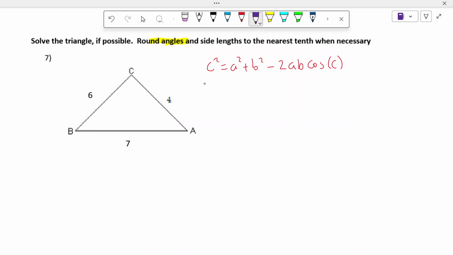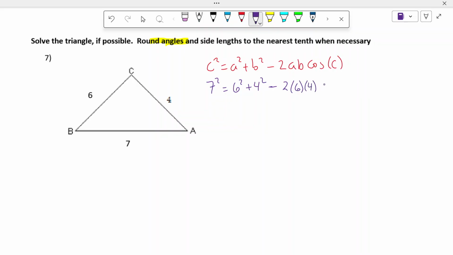This is the biggest side, so I'll put it here for side C. Side A is this one, going with the current naming convention, and this is side B, and then minus 2 times A again, which is 6, and B again, which is 4.